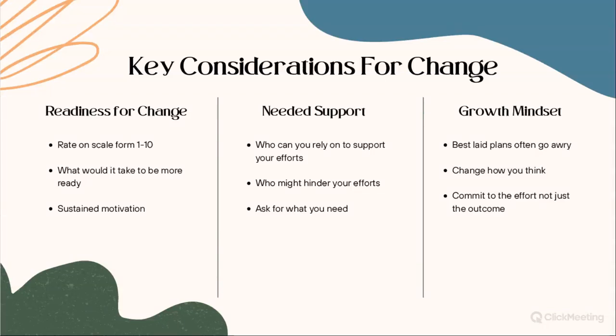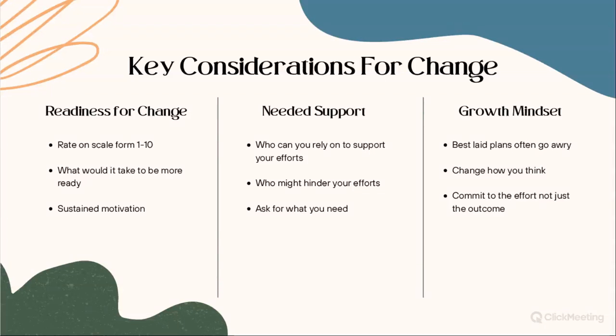Changing how you think, staying positive is one thing. Keeping your eye on the prize kind of thing. Understanding when to pivot your goal, but also keeping the focus on how you're doing and the progress that you're making, versus just keeping your eye on that end prize.